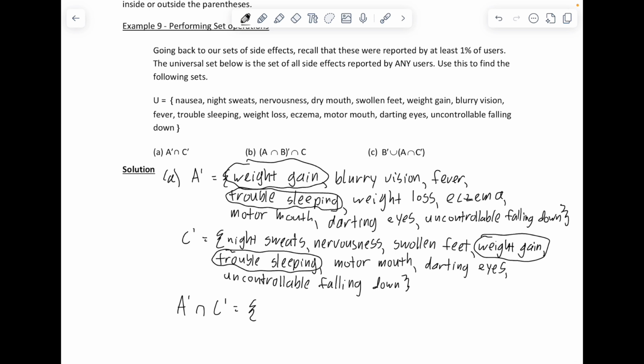They both have motor mouth. They both have darting eyes. They both have uncontrollable falling down.